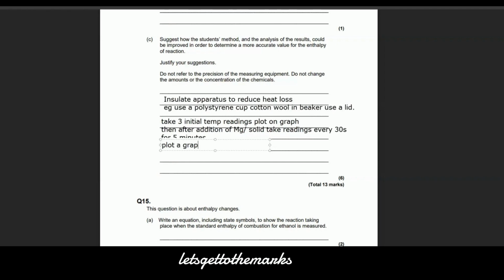We're then going to plot a graph of temperature against time, and we are then going to extrapolate the lines, or draw a line of best fit. I'm running out of room.